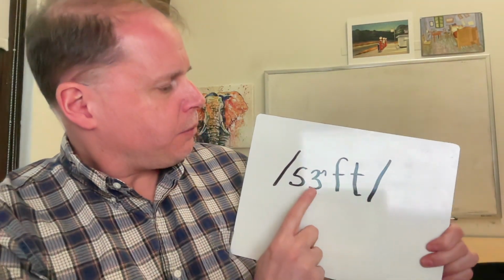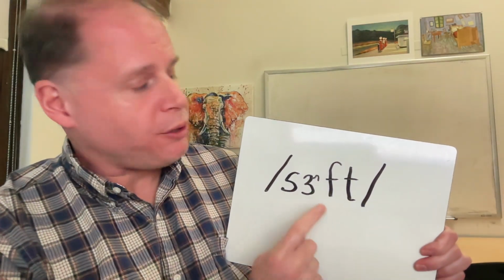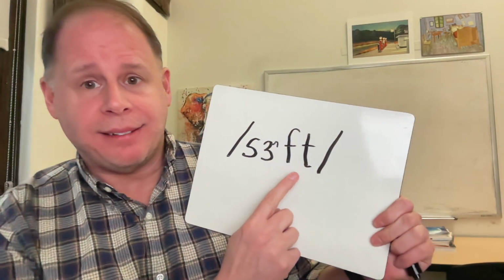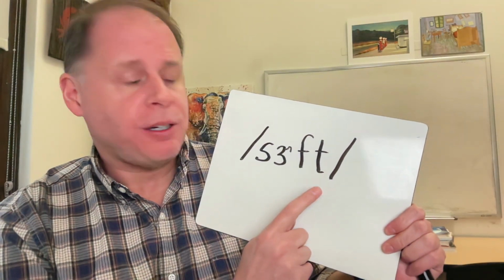Surfed. We're using right hook reverse epsilon because it's a one syllable word, so it's going to be stressed. Oh, and that ed ending. I didn't say surfd, I said surft with a t sound.